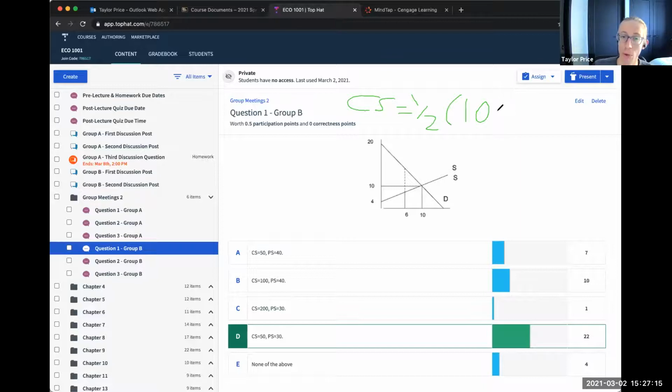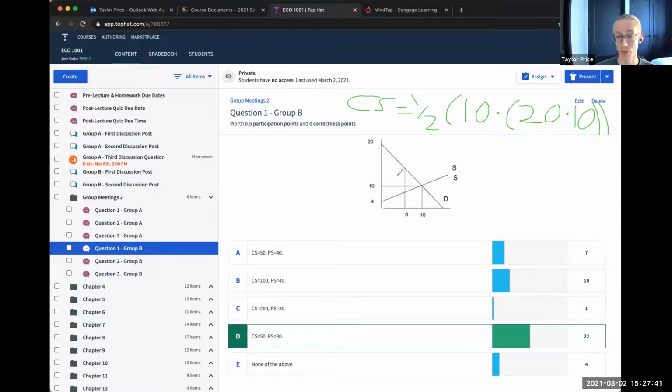Then we're going to multiply that by the price difference. So we're going to take the 20, which is where the demand curve intersects with the price, and subtract the equilibrium price, which is 10. And when we solve that, that gives us 50.